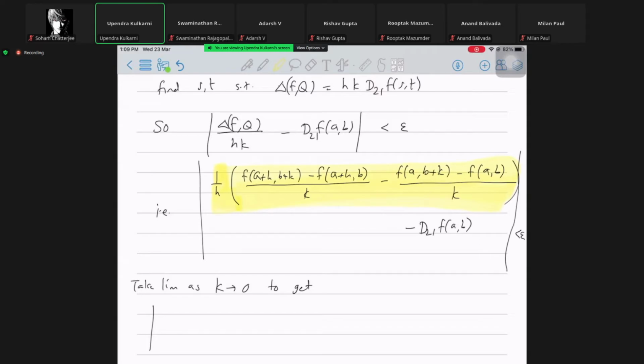Some quantity minus 5, their difference is at most epsilon. The quantity in the first place is varying. If I take its limit, then the difference of the limit from 5 is also at most epsilon. At most, the less than epsilon sign will change to less than or equal to epsilon, but that is okay. So what happens if I take the limit?